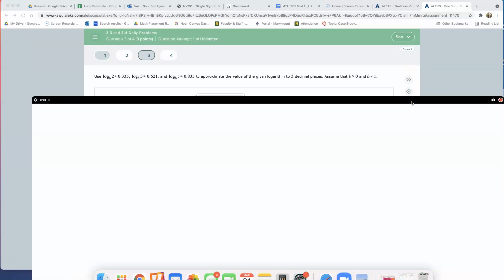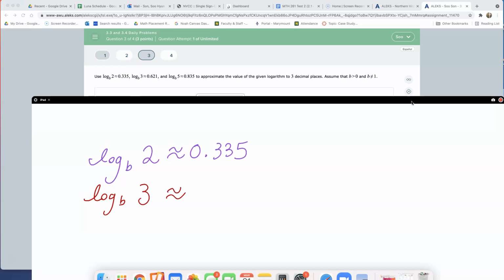First of all, let me write down log base b of 2 is approximately 0.335. Another one, log base b of 3 is approximately 0.621.